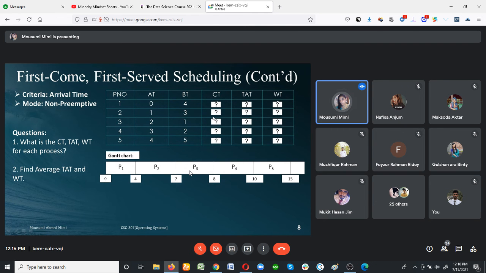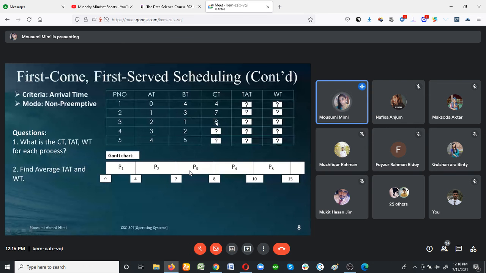So the completing time of process 2 is 7. After that, process 3 comes and the burst time is 1. 7 plus 1 equals 8. So the completing time of process 3 is 8.